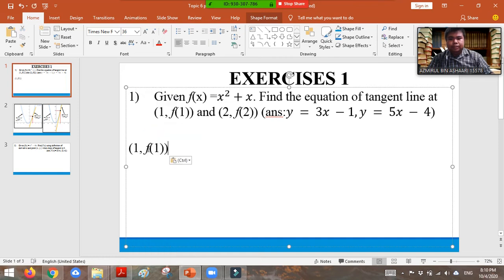You know that (1, f(1)) is actually equal to the x and y point, right? So that means x is equal to 1, meanwhile y is equal to f(1).